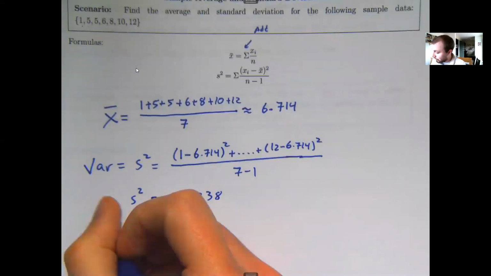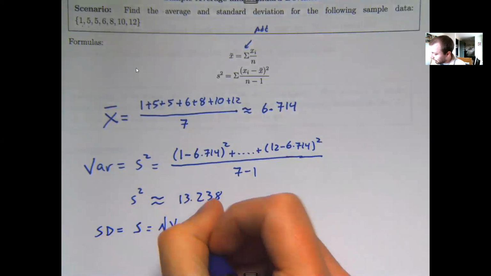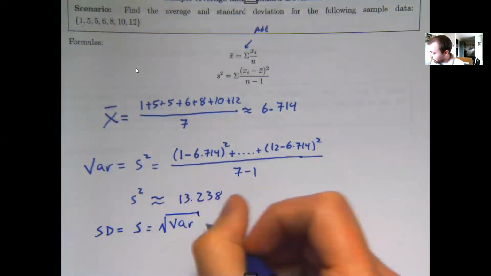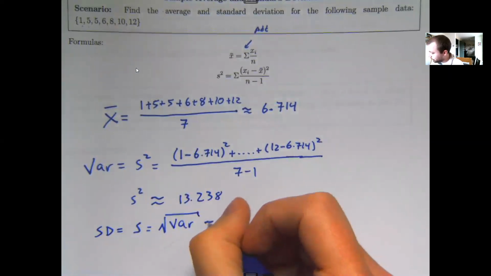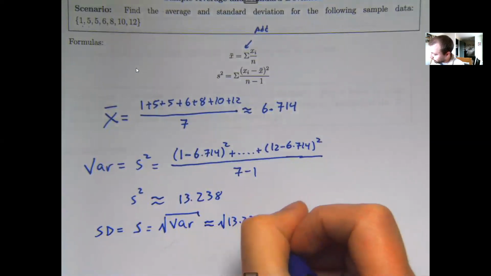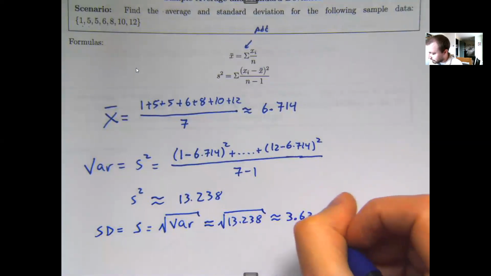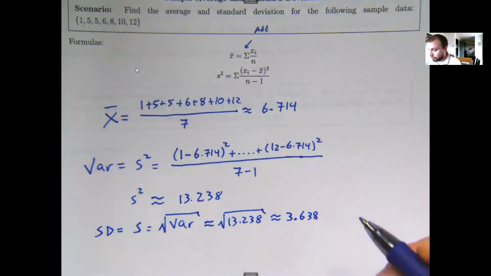My standard deviation gives me something much closer to that. And to find my standard deviation, I have to take the square root of the variance. So I'm going to take the square root of this 13.238 number. And when I do so, I get a standard deviation of about 3.638 or so.